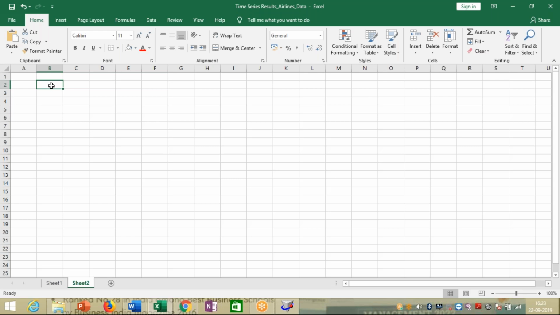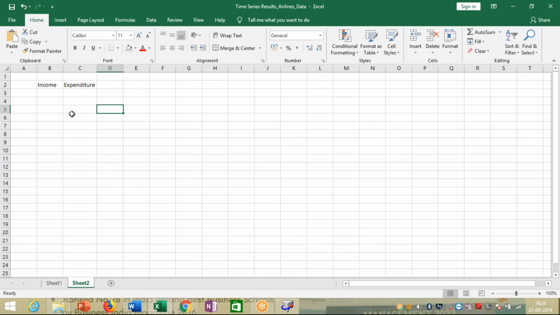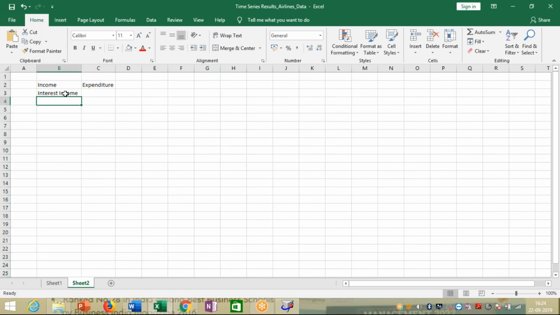At a P&L statement level, you have your income and your expenditure. These income and expenditure heads will be available to you over a period of time. So they are P&L statement items, not account level information. Let's say interest income. This interest income will be available to you over a period of time.